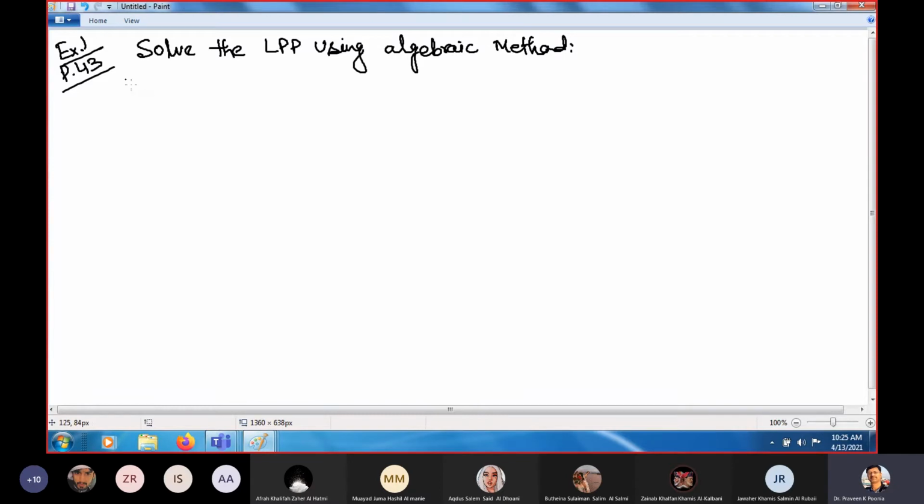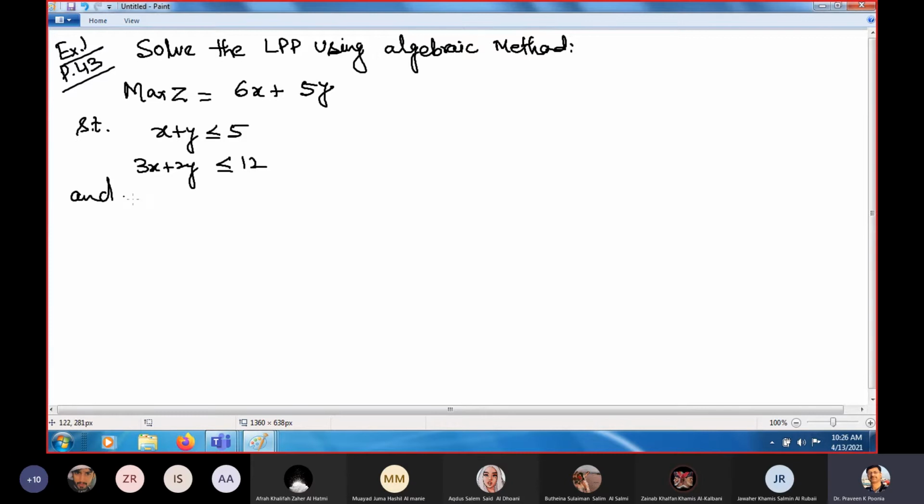What is the LPP? It is max z equals 6x plus 5y subject to what constraints? x plus y less than 5 and 3x plus 2y less than 12. And what are the non-negative restrictions? x, y greater than 0. This is the given LPP.